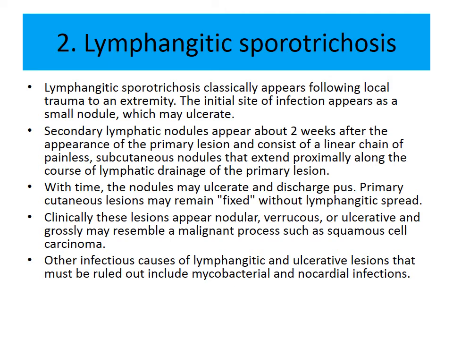Lymphangitic sporotrichosis is another form that comes from trauma to the extremities, because you either walk on vegetation or touch vegetation. So the moment you get initial trauma, within weeks of the primary lesion you will see typical painless subcutaneous nodules coming from the primary inoculation site all the way along the lymphatic drainage.